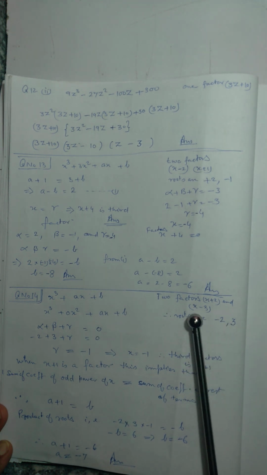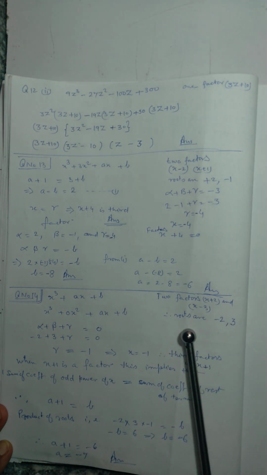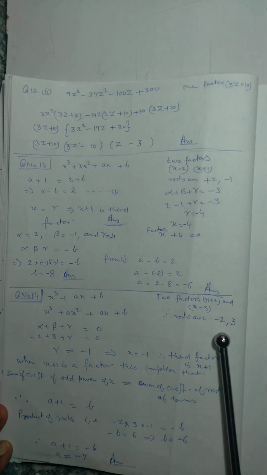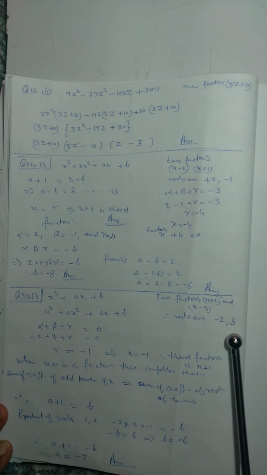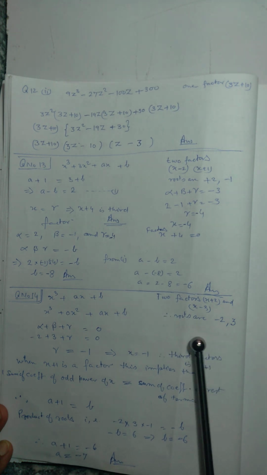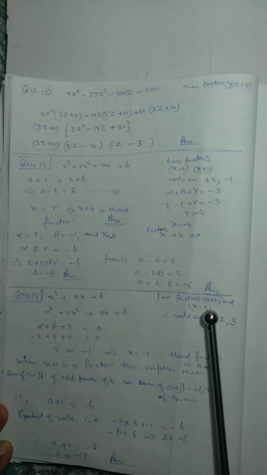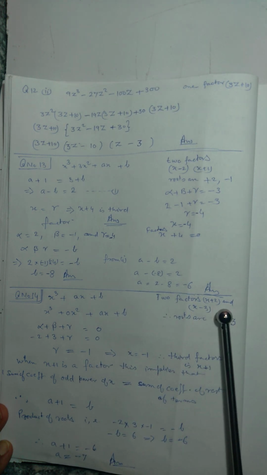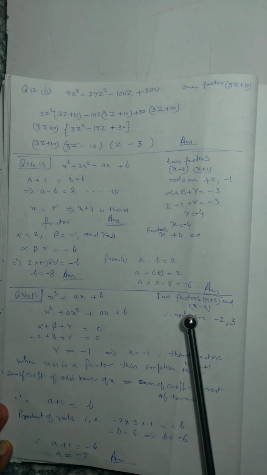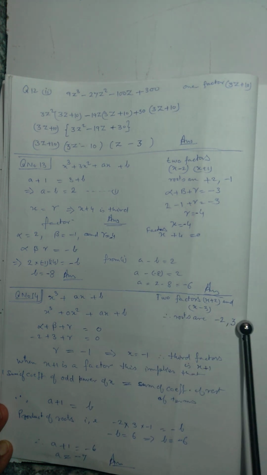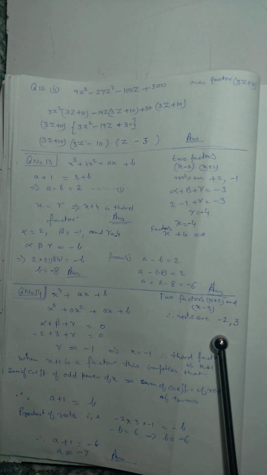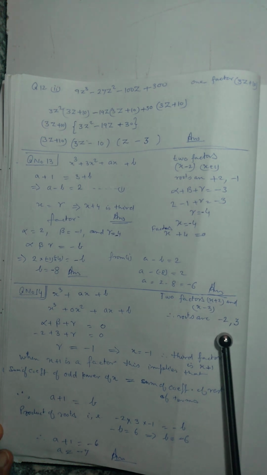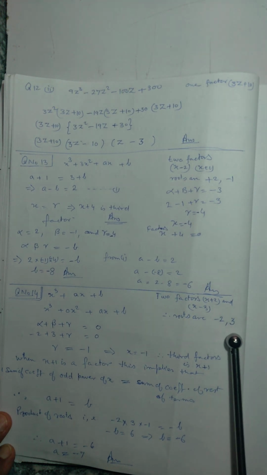With the help of these two factors, you can find out the roots or zeros, that is minus 2 and 3. Just put x plus 2 is equal to 0, so x will be equal to minus 2. Put x minus 3 is equal to 0, you will get x is equal to 3. So these are the two roots, it means alpha is equal to minus 2, beta is equal to 3.